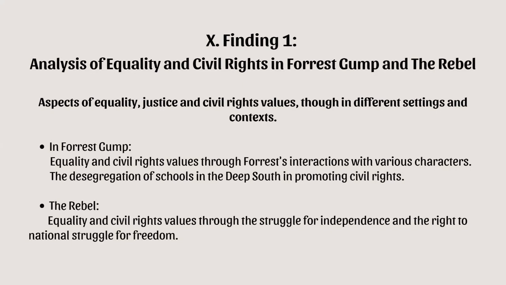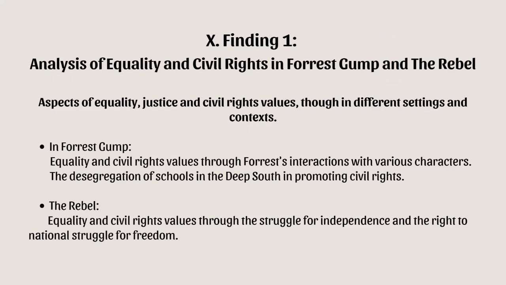In Forrest Gump, the film portrays equality and civil rights values through Forrest's interactions with valuable characters. Forrest becomes friends with Bubba Blue, an African American soldier, during their time serving in Vietnam.